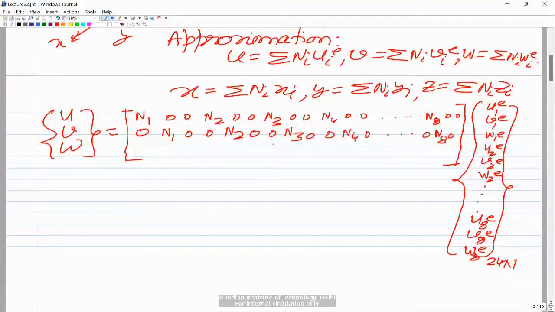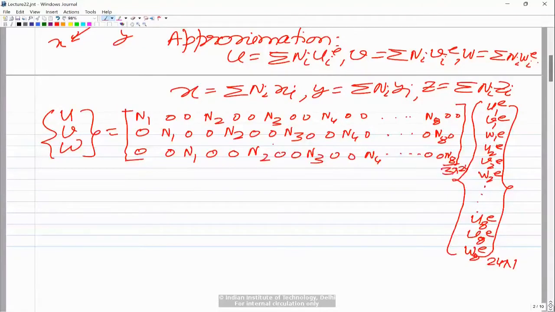Then W will be the third degree of freedom, so we will have it in the third, sixth, and ninth column and so on. So we will have 0 0 N1, 0 0 N2, 0 0 N3, 0 0 N4, and in between all the values, up to 0 0 N8. So this is the interpolation matrix, and as you see, this is a 3 by 24 matrix.